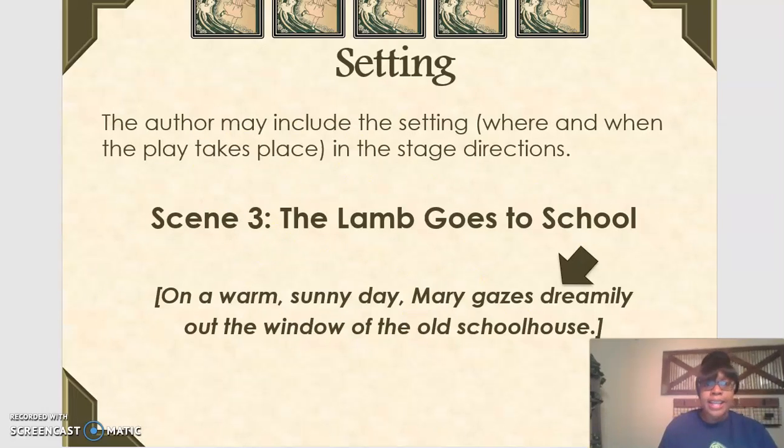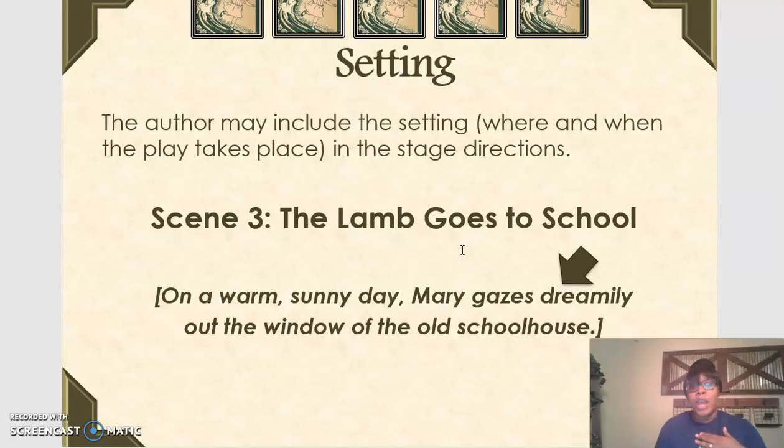Next, we have our setting. The author may include the setting, which is where and when the story takes place, in the stage directions. For instance, to give you the setting of scene 3, the lamb goes to school. It gives you a little setting. On a warm, sunny day, Mary gazes dreamily out the window of the old schoolhouse.